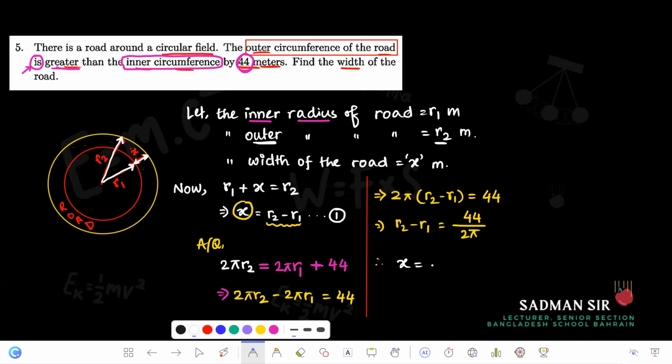You can write X, and then find the value of 44 divided by 2π. Do it in the calculator. 7.002. 7.00 something. If after the decimal there is 20, then there is no need to write the rest. So we will just write 7 meter, then approx.